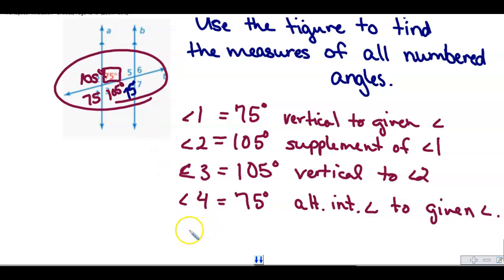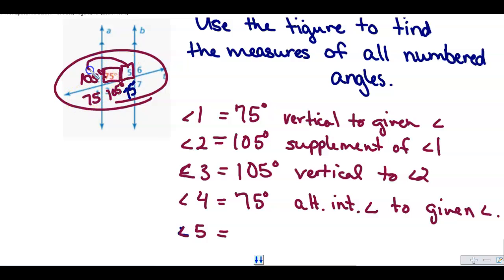Okay. Let's do angle 5. Again, we're focusing on our new vocabulary. So when we take a look at angle 5, comparing it to something we have already found in the other opposite section, we could say, hey, you know what?